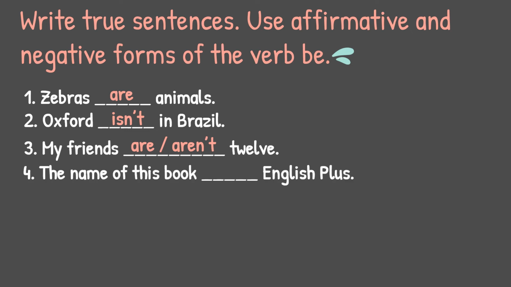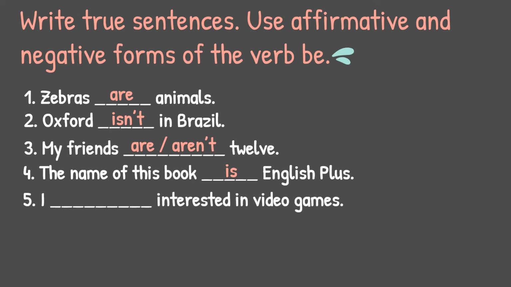Number 4. The name of this book, English Plus. The keyword here is this book. This book is singular, so we use is. The name of this book is English Plus. Number 5. I interested in video games.